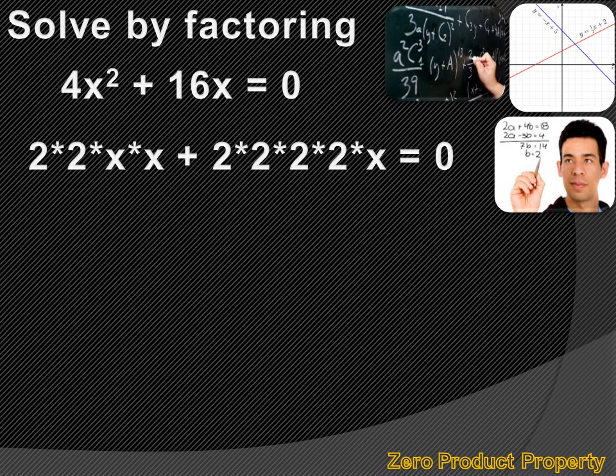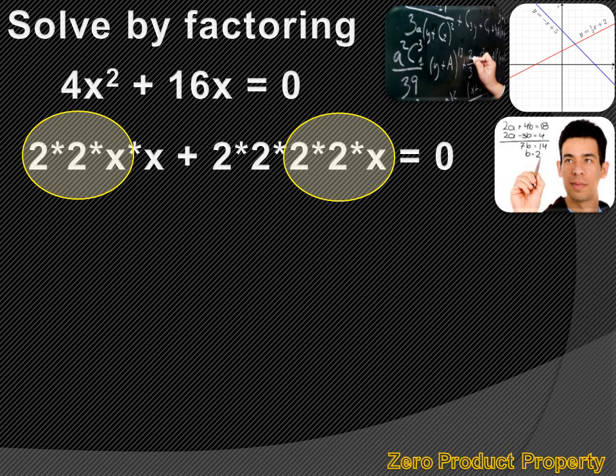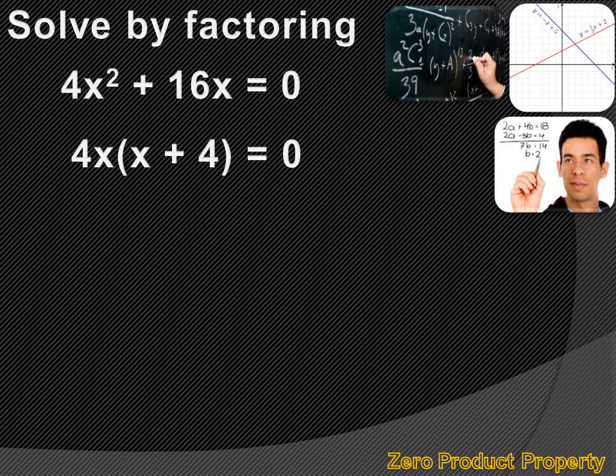Well, now what could I factor out? Well, I've got a 2 times 2 times x on both sides of that addition sign. So I could factor out 2 times 2 times x, or 4x. And what I'd have left would be x plus 2 times 2, or x plus 4. I could rewrite that 4x times x plus 4 equals 0.